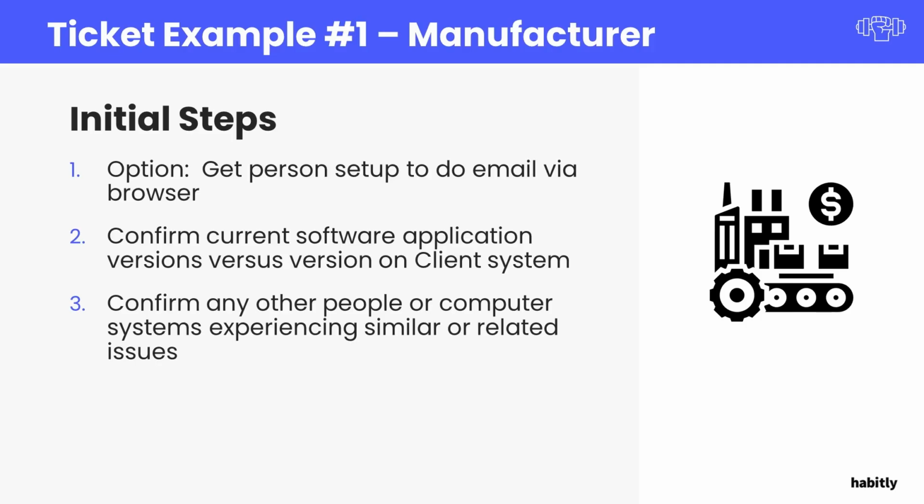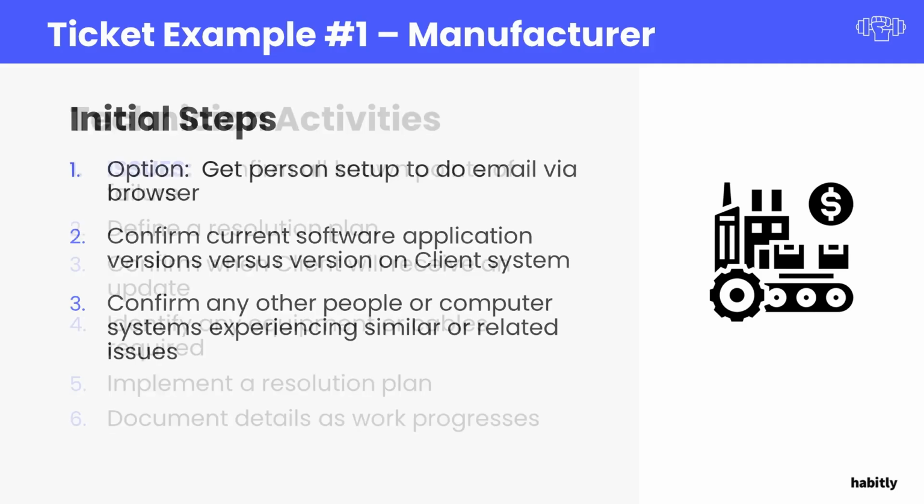So option, if the person needs email, maybe we get them set up doing email via browser. Can be on the same system, different system, probably a different system. We need to confirm the software application versions are the most current versions, okay? And anybody else having the same type of trouble? It's pretty basic, right? That's normally what you would do.